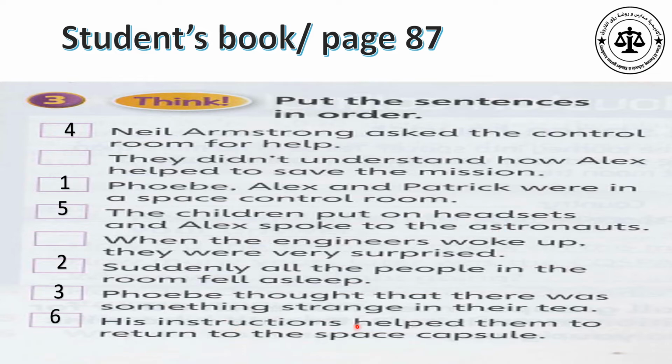His instructions helped them to return to the space capsule. Then number 7. When the engineers woke up, they were very surprised. And the last one: they didn't understand how Alex helped to save the mission.